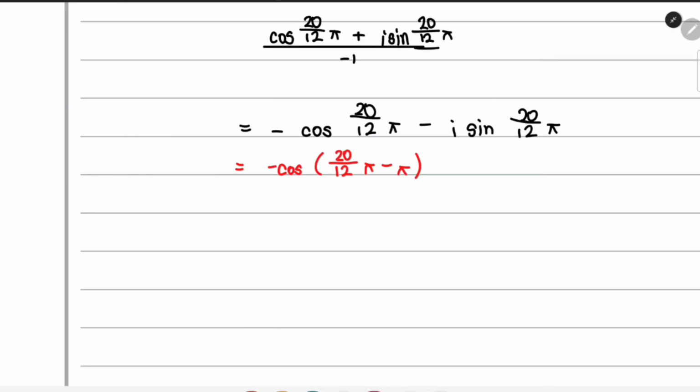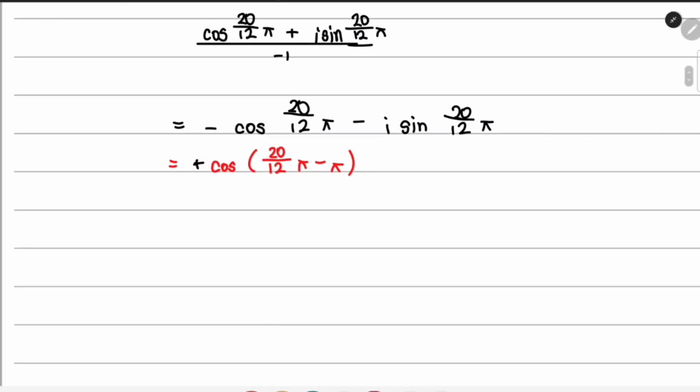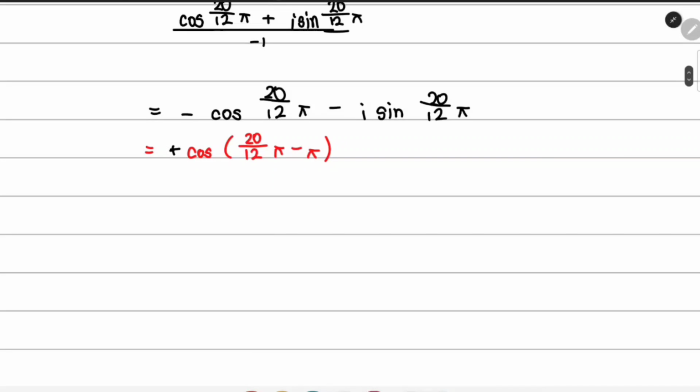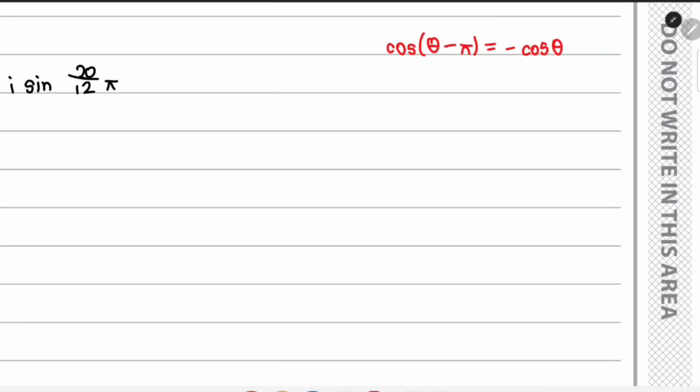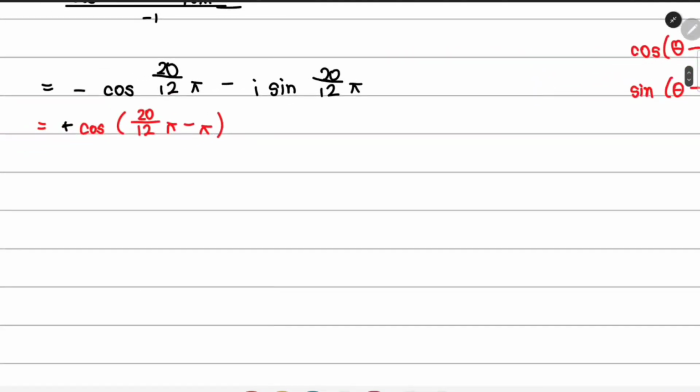You have a minus here and a minus from this, so this becomes a plus. And for sine 20 by 12, we can do the same thing. The same identity holds. So sine theta minus pi is the same as minus sine theta. So I can do the same for this.